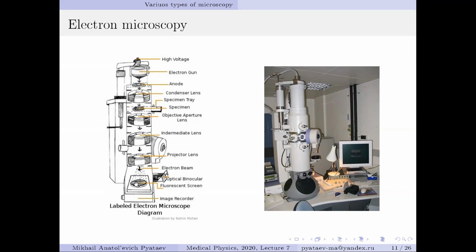And also this device can be combined with other type of detectors. For example, some detector can measure the energy of electrons, which is called electron energy loss microscopy, and it allows to increase the amount of information obtained from the object.